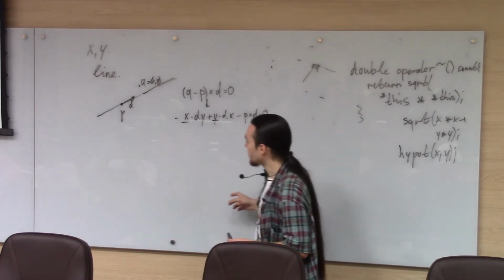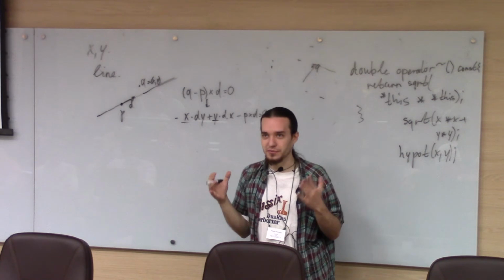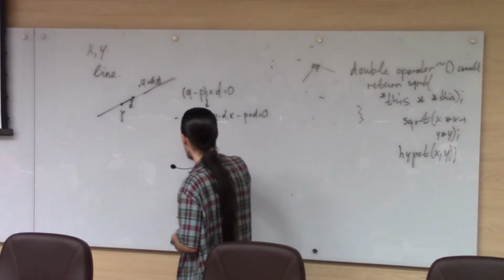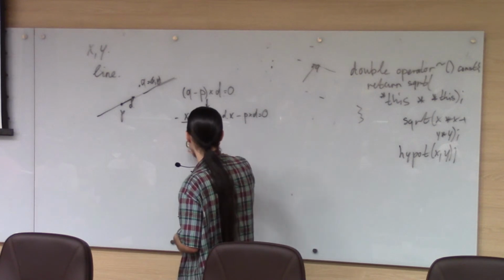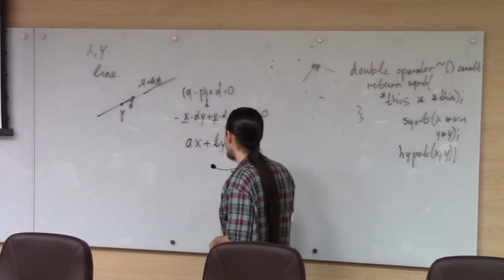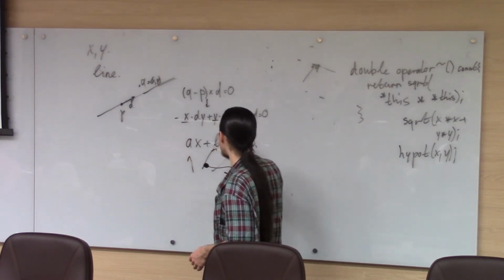So instead of this, we will define the line by 3 numbers, that is the coefficients of the linear equation. So we are going to use ax plus by plus c equals 0. So these 3 numbers define the line.